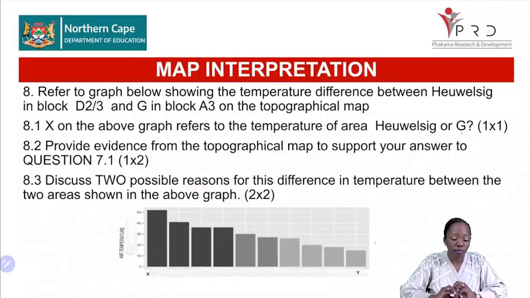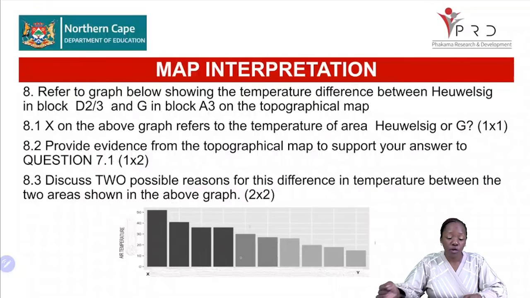Then 8.2, you provide evidence from the topographical map to support your answer. So hence I'm saying, even though you are given a diagram or graph, it also refers to the map. So your evidence is supposed to come from the map to support your answer.